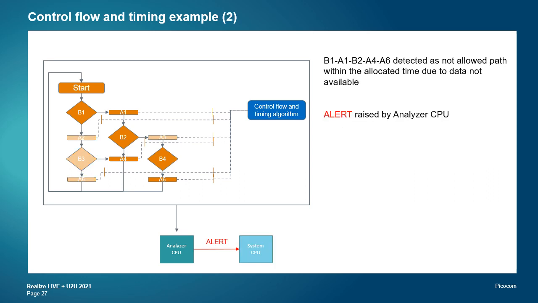For example, if the data that we collect from the static instrumentation doesn't match the program flow or sequence that it should be following, or doesn't match the timing constraint, then the analyzer CPU knows there's something wrong and it can alert the system's CPUs.